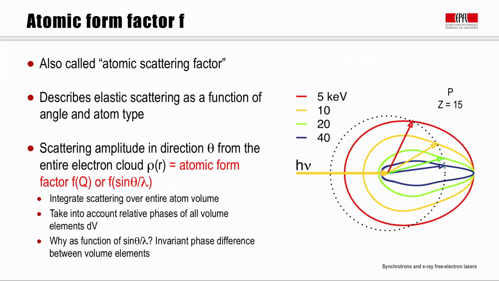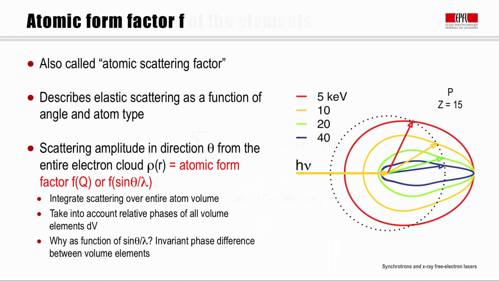Note also that in the forward scattering direction, all the electrons will scatter in phase, and the amplitude will be that of the individual electron multiplied by Z. In other words, the total charge surrounding the atom.